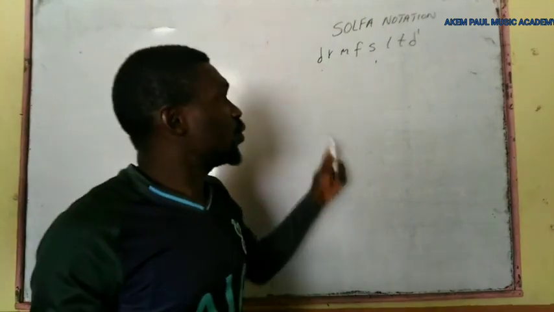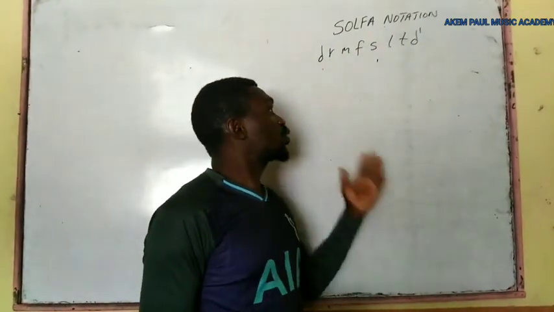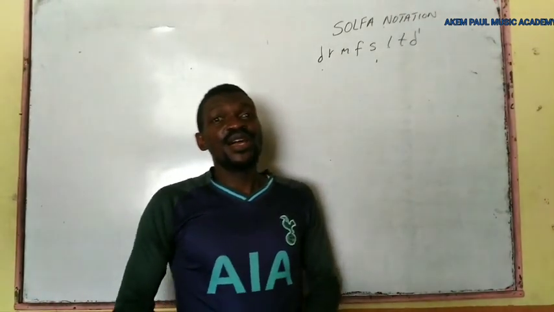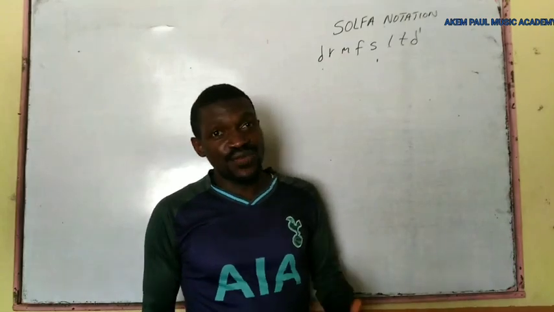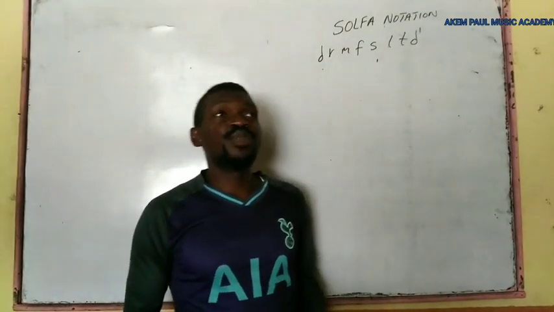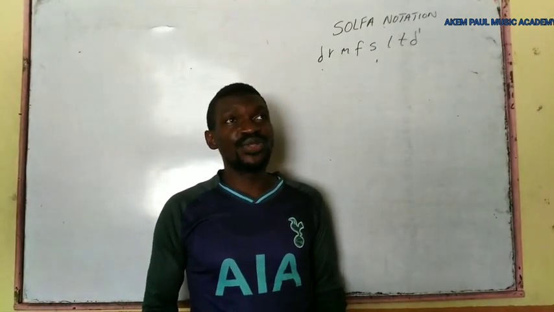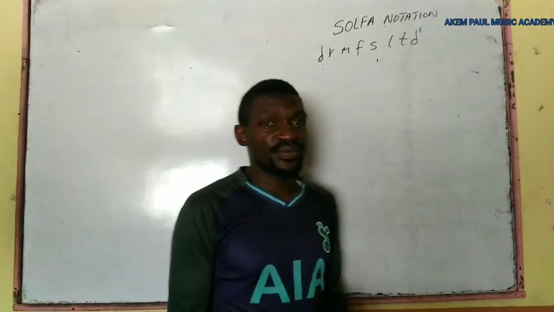But what we want to focus on today is the Solfa notation. We're going to see how to write Solfa notation, and then we're going to use a simple beat, 4/4. Now, writing Solfa notation, the first thing to do is to write your key.